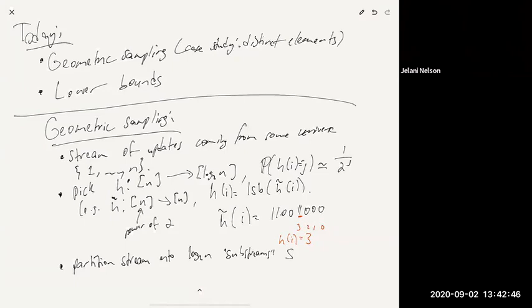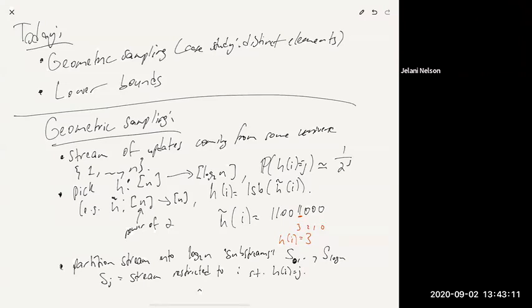And let's call these S1 up to S log n. Actually, let me start it with S0. S0 up to S log n, where Sj is the stream restricted to the updates where h of I is equal to j.